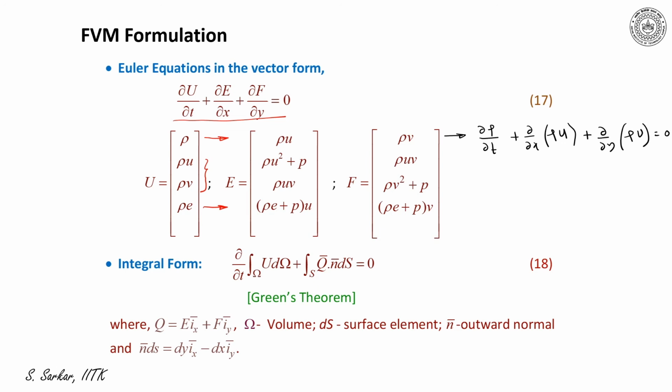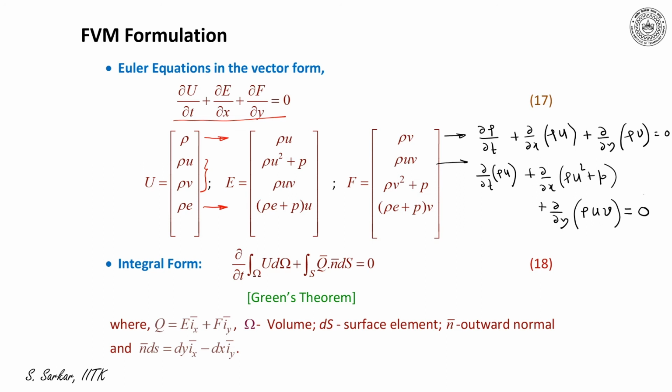Thus, it's a continuity equation. Now, if I expand the second row, which is ∂/∂t of rho u plus ∂/∂x of rho u squared plus p plus ∂/∂y of rho uv is equal to 0.